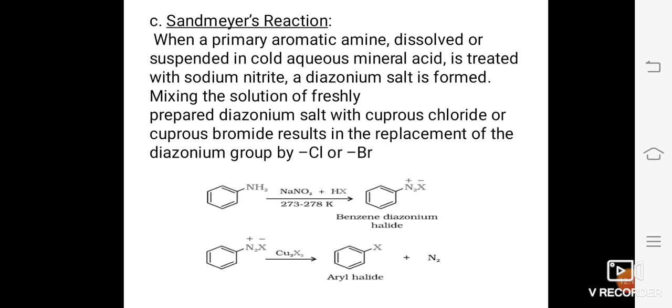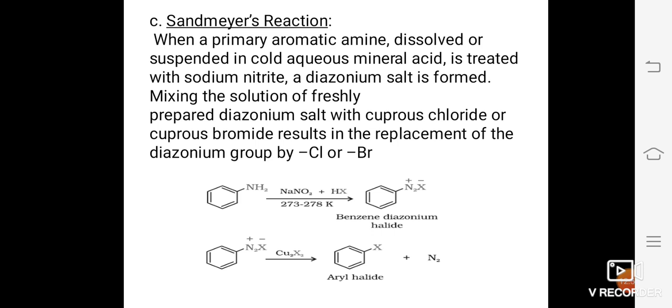In the example below, this is C6H5NH2. This is commonly known as aniline, and the IUPAC name is aminobenzene. So aminobenzene is cooled in an ice cold bath, to which a solution of sodium nitrite, that is NaNO2, and a halogen acid or a mineral acid, that is HX, is added, where the temperature is 0 degrees.